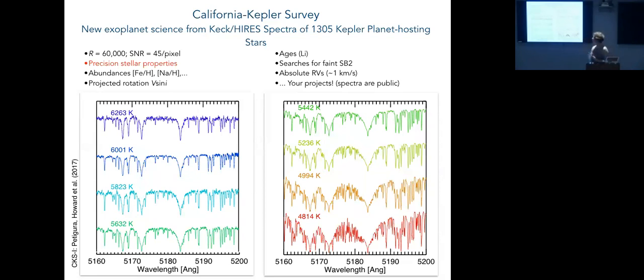In particular, we get precision stellar parameters such as mass with an uncertainty of just 5% and stellar radius with an uncertainty of 10%. So what that let us do is propagate that smaller radius uncertainty to the sample of Kepler planets.